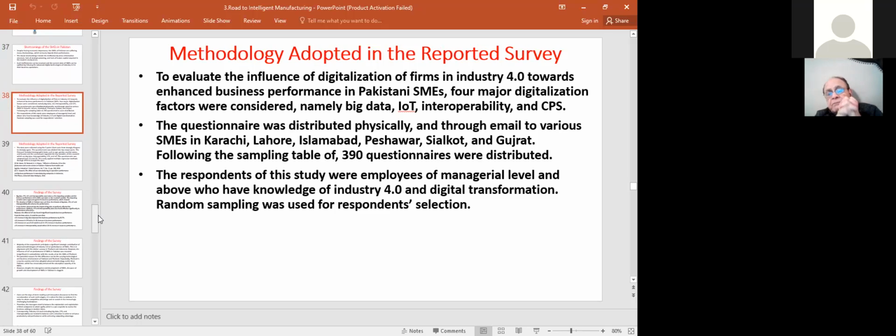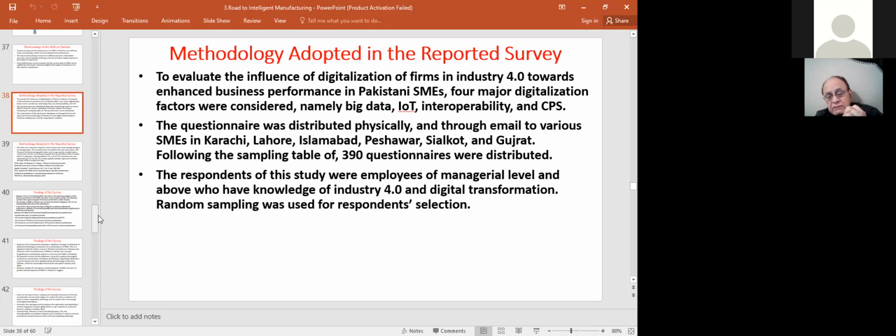The major targets for SMEs in Pakistan, as seen from the survey, are digitization and availability of big data, use of IoT, and interoperability and CPS.